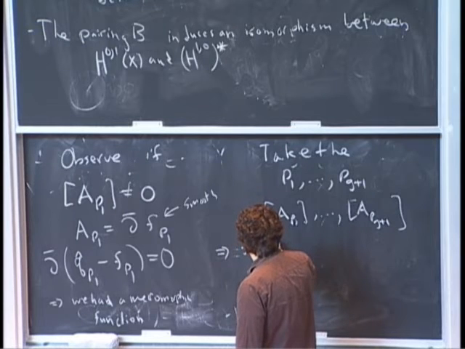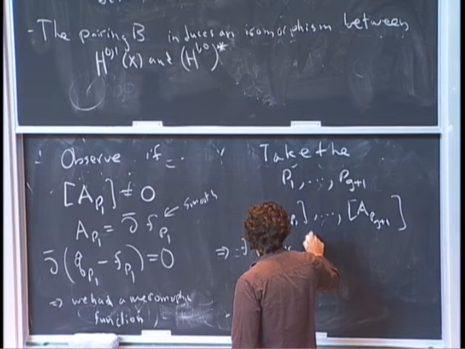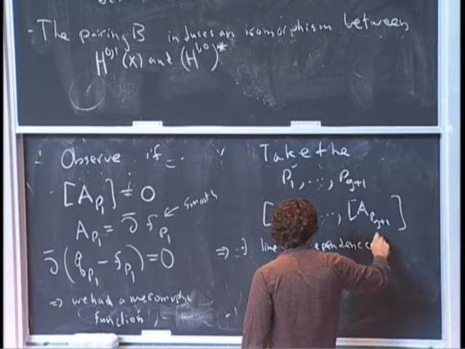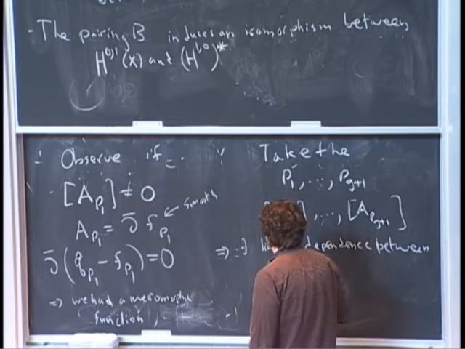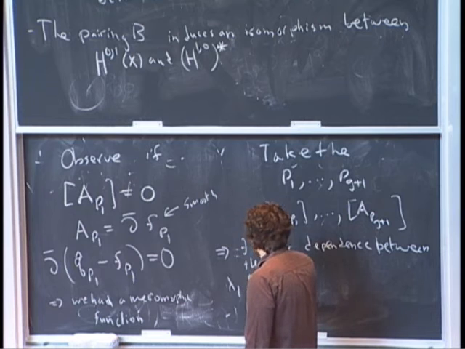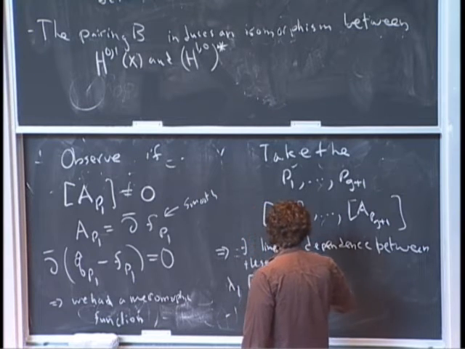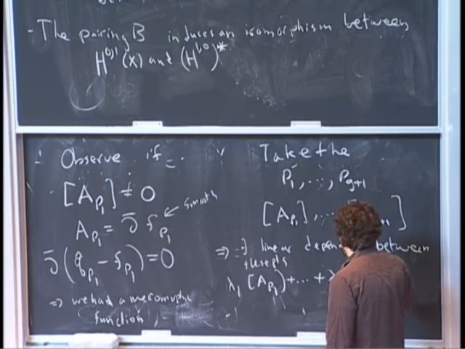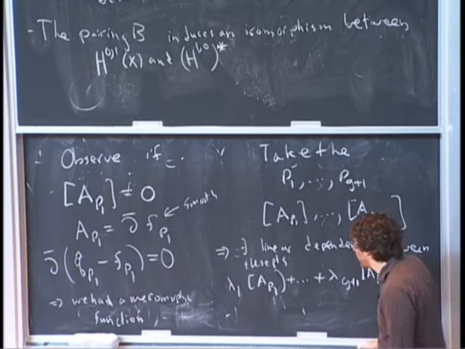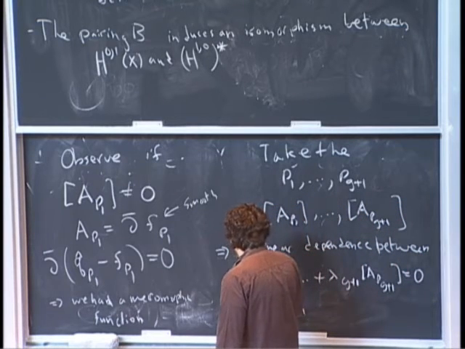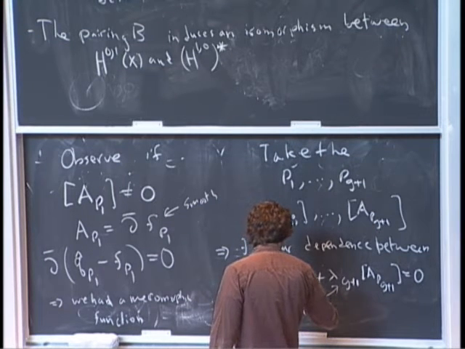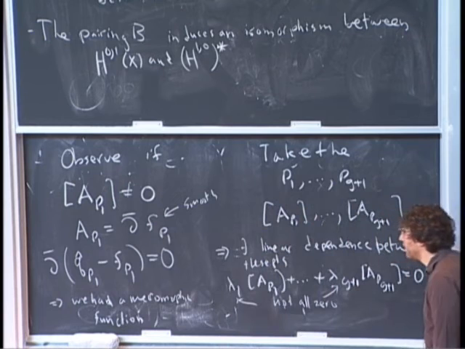So there exists a linear dependence between these points, so we have lambda 1 and so on, where the lambda i are not all 0. Obviously, it's trivial if you take them all equal to 0.